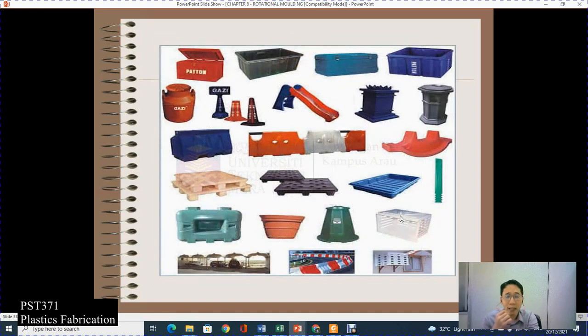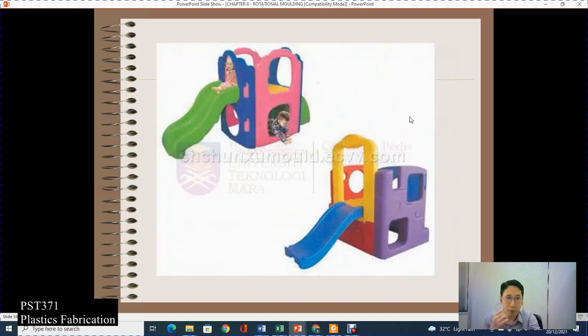Other than that, we also have external use of plastic material, such as cones, pots, playgrounds, rubbish bins, etc. Also a playground for children.